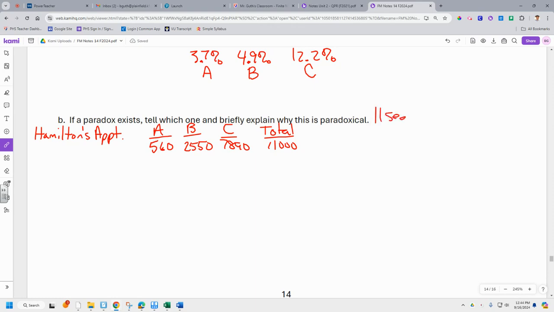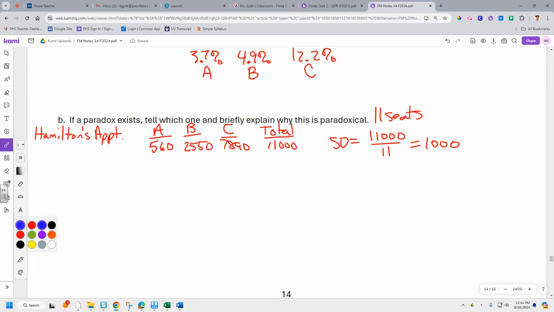We're passing out 11 seats, so let's calculate the standard divisor. The total population is 11,000 divided by the number of items, 11. That's 1,000. 1,000 people per seat.